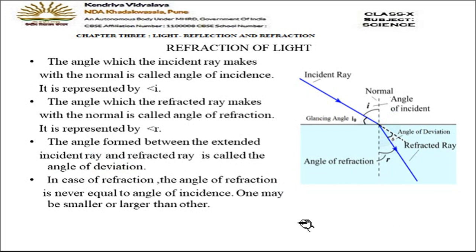Now, in case of refraction, the angle of refraction is never equal to the angle of incidence. What we have studied till now in reflection is that angle i is always equal to angle r. But here i is never equal to r.